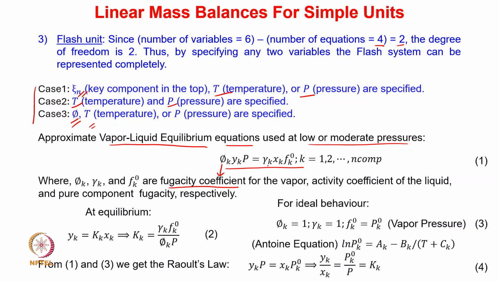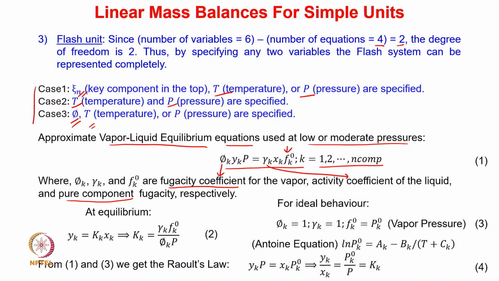Gamma k is the activity coefficient of the liquid, and Fk naught is nothing but the fugacity of the pure component. So we can write down this equation for all n-com components, isn't it?